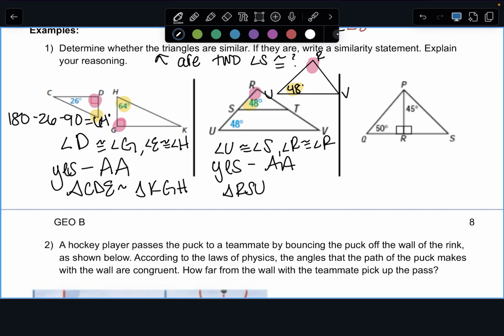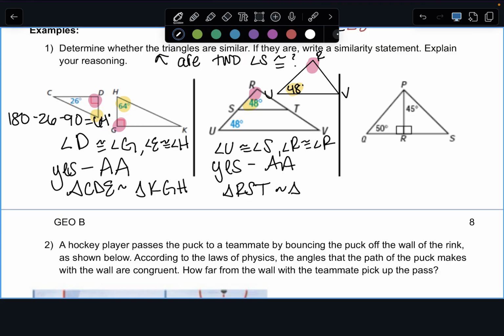So let's start with the small one, RST for the small one. Okay, what did R go with? What's pink?